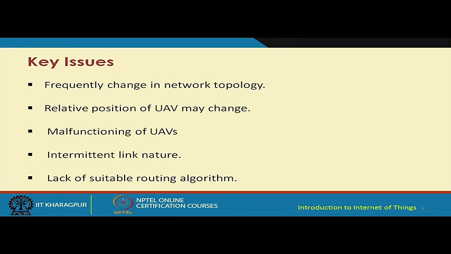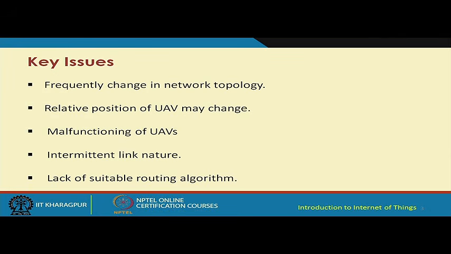And the next one is intermittent link nature, which means that because this topology is changing, because the internode positioning is going to change dynamically over time, the links are going to be also changed. So two nodes might be linked up at one instant of time, then with one of these nodes another link might be set up in another instant of time, and so on.